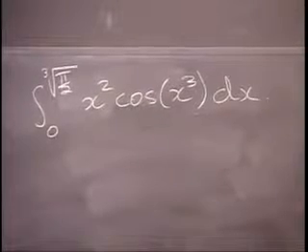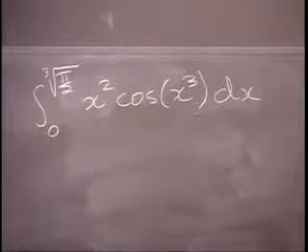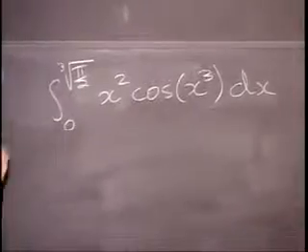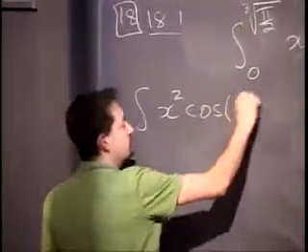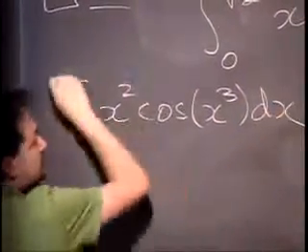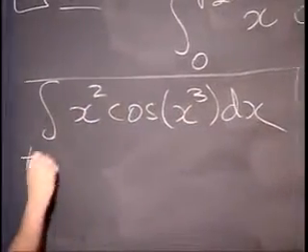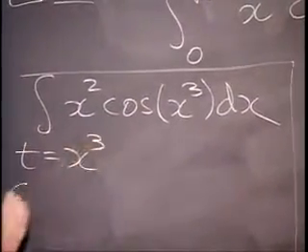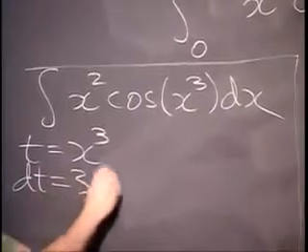You forget about the definiteness of it, and you simply solve the indefinite integral first. And just to remind you, I won't dwell on it, we let t equal x cubed, we get dt equals 3x squared dx.